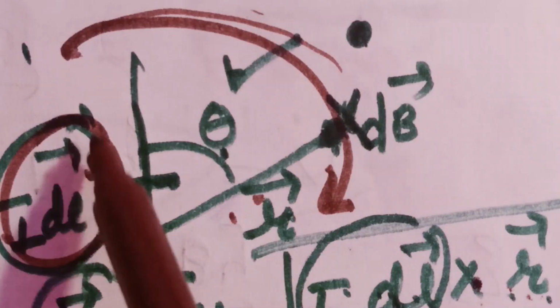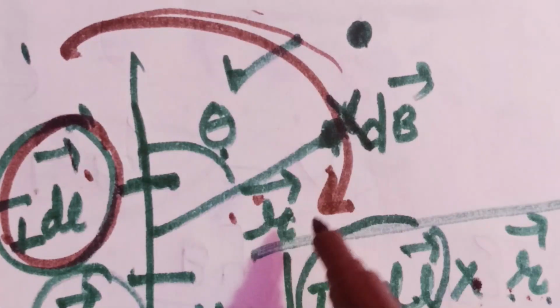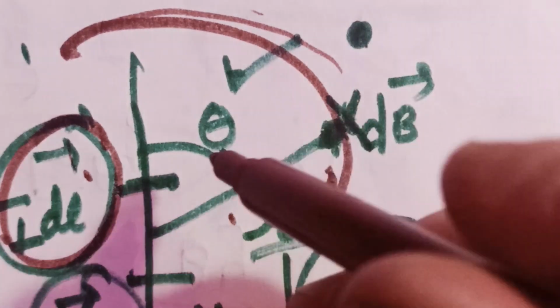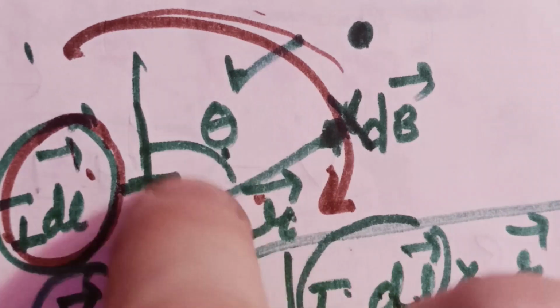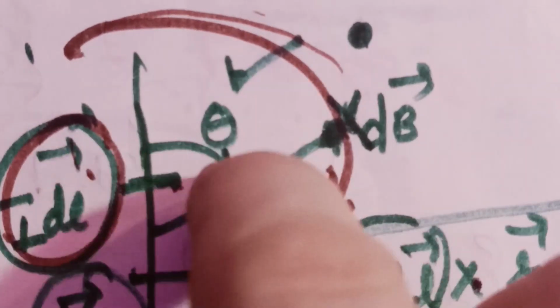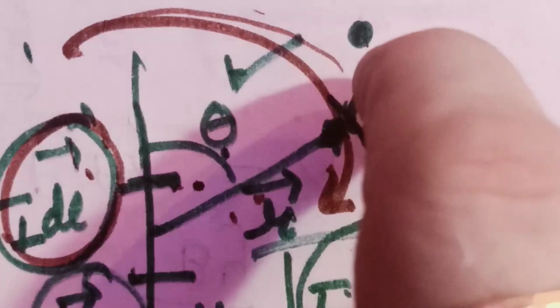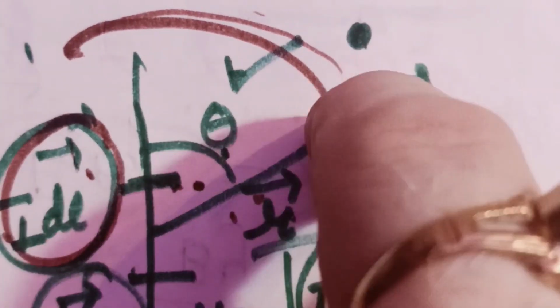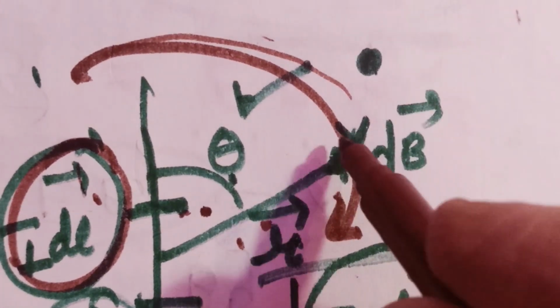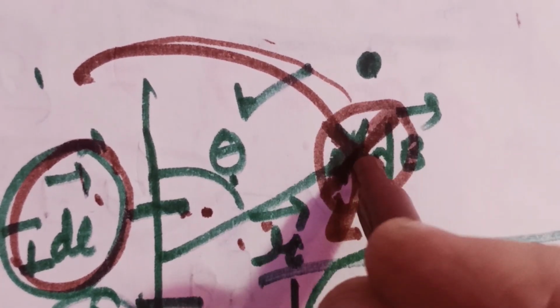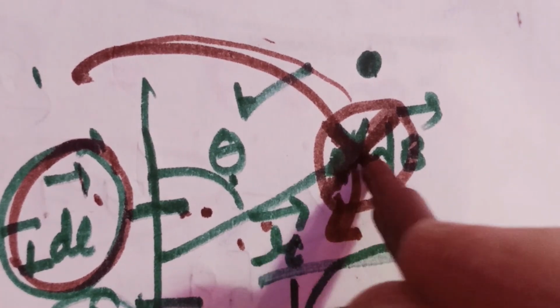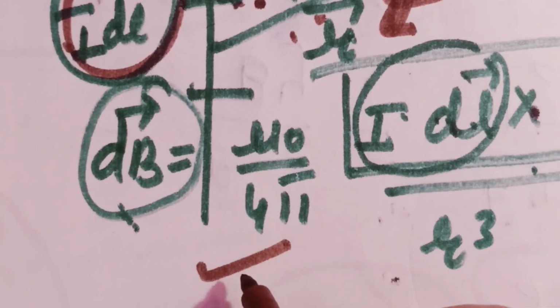This is clockwise rotation. When it is clockwise, the screw will advance in inward direction. Means when we turn the screw like this, it is clockwise. When the screw turns clockwise it goes inward, perpendicular and inward. Then the direction is cross. Here you put the cross. Cross means perpendicular and downward. So this is how we decide the direction.